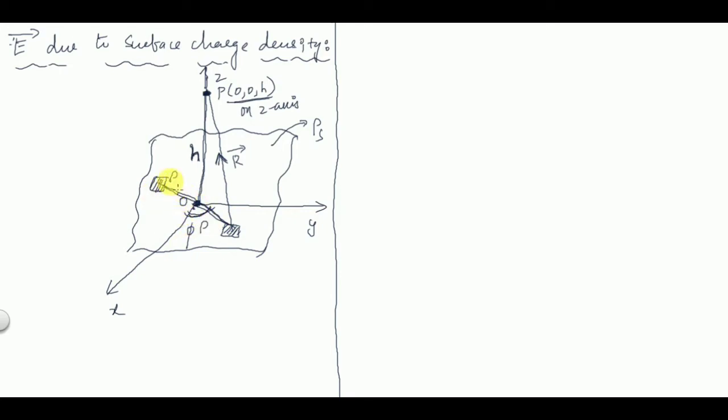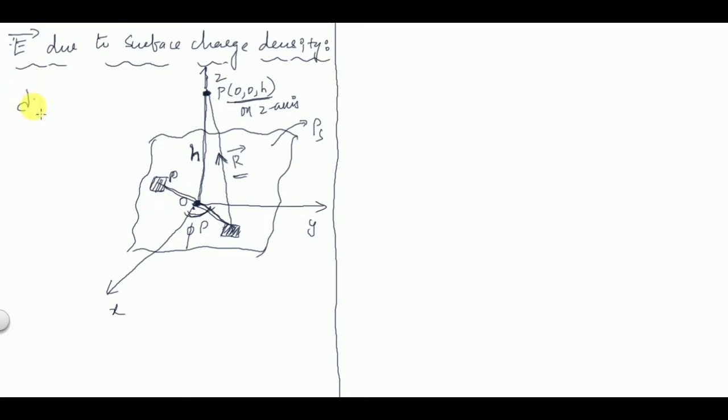Whatever the distance is here, that is rho, and the distance here is also the same, rho. And I have considered the distance from the point of interest to this arbitrarily chosen sheet of charge as r bar.